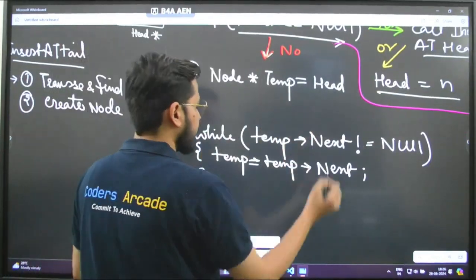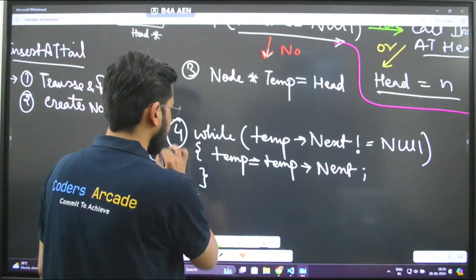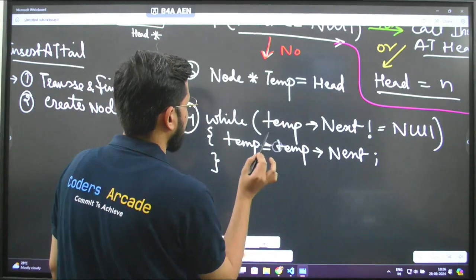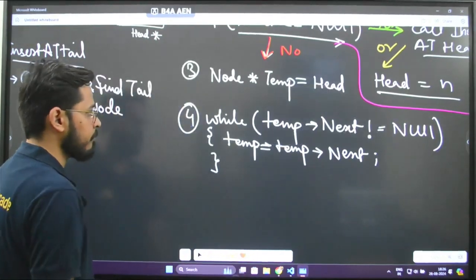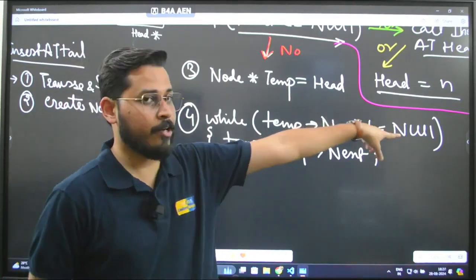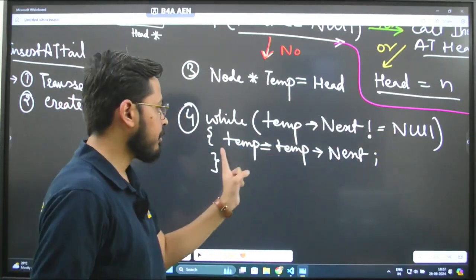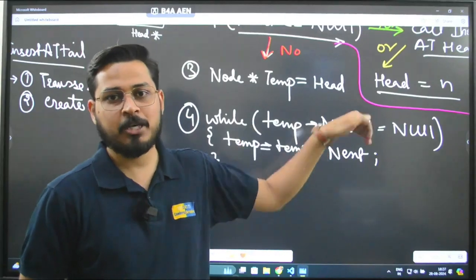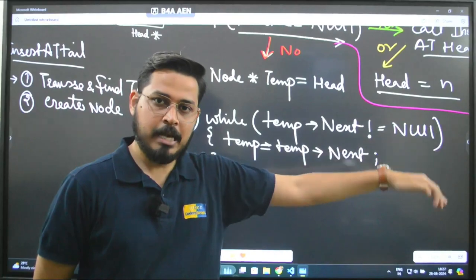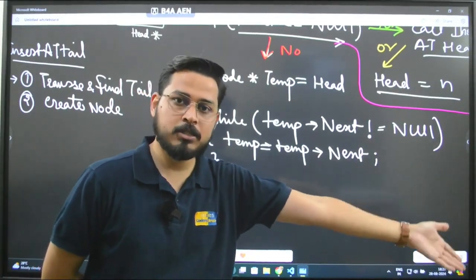I have created temp equal to head, started from the head, and then take a while loop: until temp of next becomes equal to null, keep on doing temp is equal to temp of next. That means keep on jumping till you reach the end, where temp of next is equal to null.